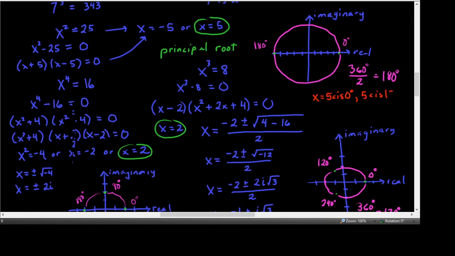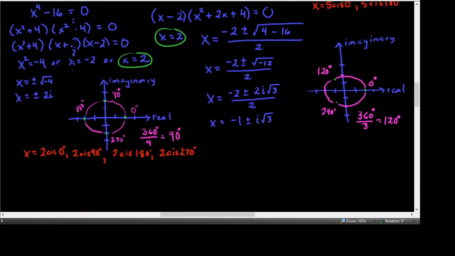By the way, writing the polar form for a point on the real or the imaginary axis is easy, because it's a quadrantal angle: 0 degrees, 90 degrees, 180 degrees, 270 degrees. Those are super easy. So make sure you know how to do those.